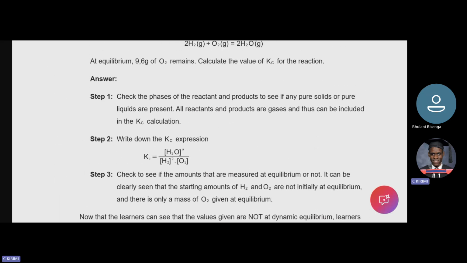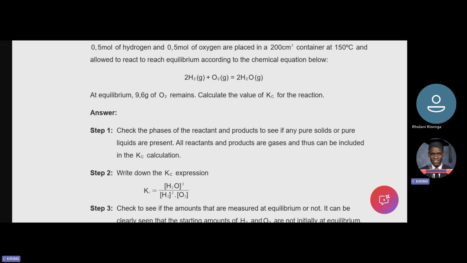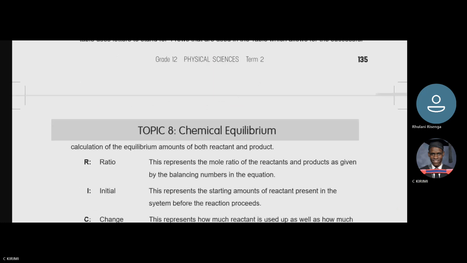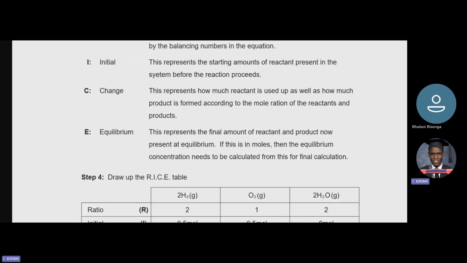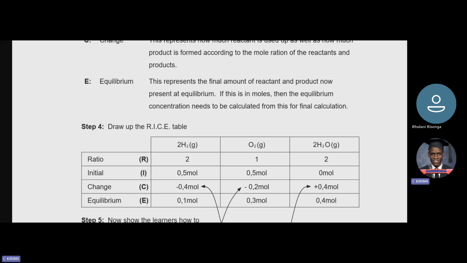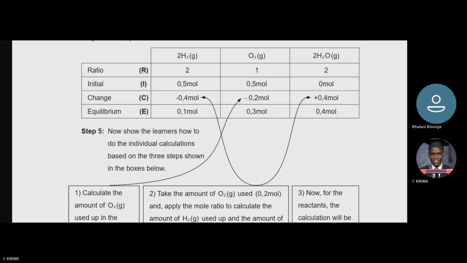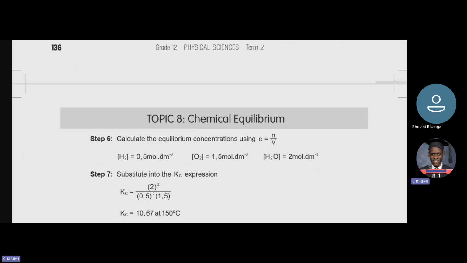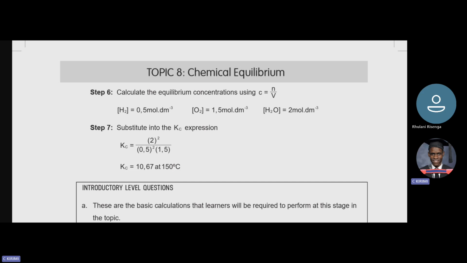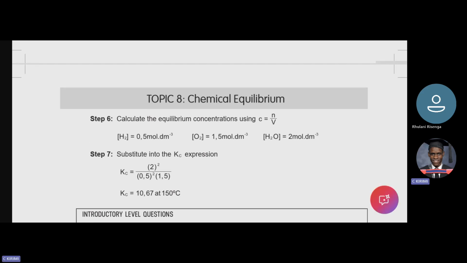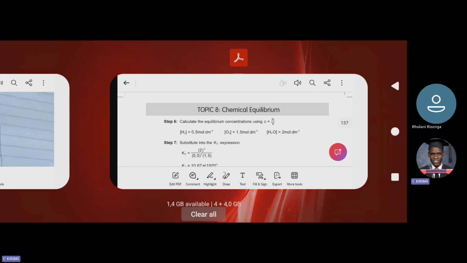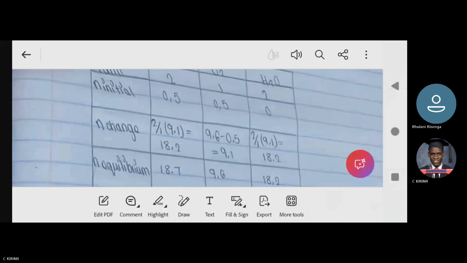So the Kc should be expressed as the concentration of water molecules squared over hydrogen squared times oxygen, and then the coefficients. All right, the ratio, the initial, the change, and the equilibrium. Then the Kc value, which is calculated here, is different from yours. Is it the same? No, it's different.